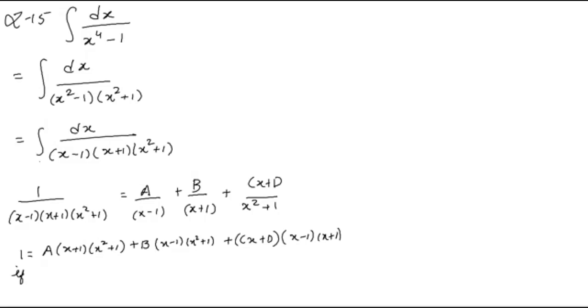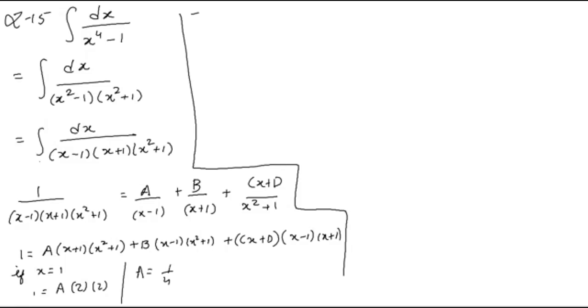Now, if I keep x as 1, then 1 is equal to a into 2 into 2, plus this b and cx plus d will get eliminated. I will get simply a as 1 by 4, right?